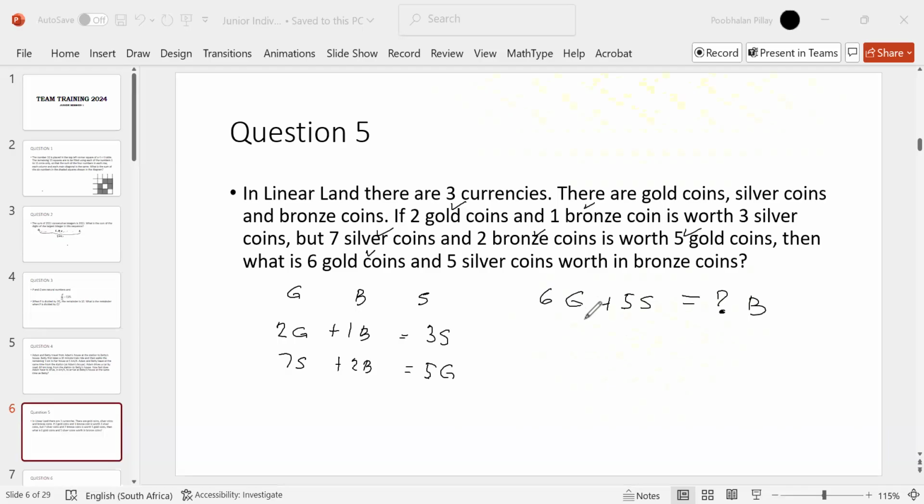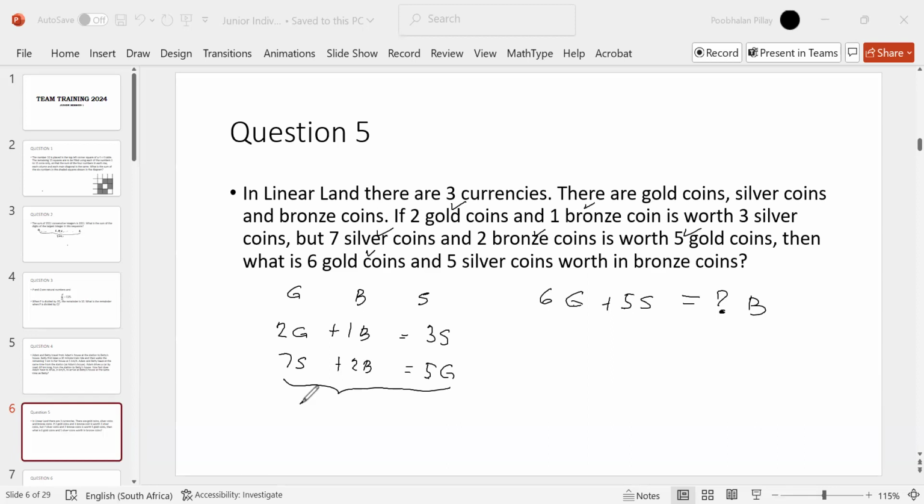It seems to me that you'll have to find out 1 gold is how many bronze, and 1 silver is how many bronze. If I know that, then I can calculate this. So I need to calculate what 1 gold is in terms of bronze and what 1 silver is in terms of bronze. The way to do that is to get all the gold and the silver on one side, and the bronze on the other side.